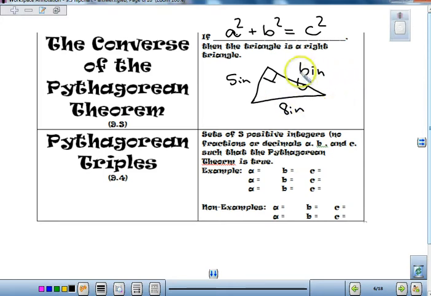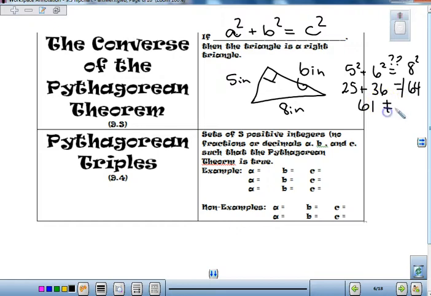So remember, we want to take the two shorter sides together, and so we're going to check this. Is 5 squared plus 6 squared equal, that's a question mark, we don't know, to 8 squared? Well, 5 squared we know is 25, 6 squared is 36, 25 plus 36, if we add those together, gives us 61, and that is not equal to 64.